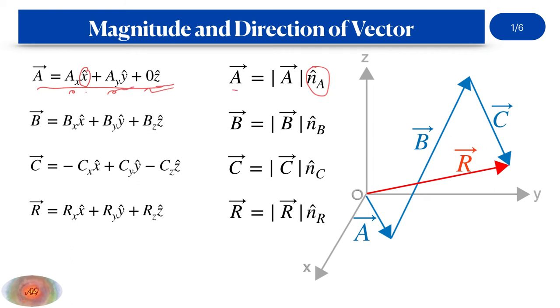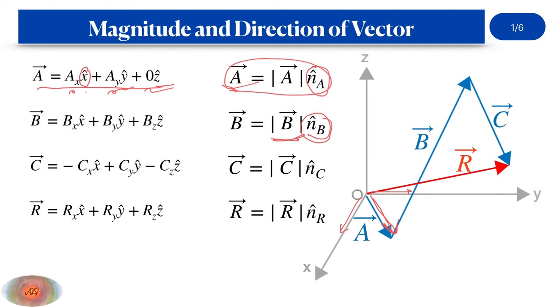On the other hand, in this type of notation where you write a vector in terms of its magnitude and an overall unit vector, this unit vector represents the direction of the vector a. This n cap a represents the direction along this vector. That means, as the original vector is shown, not along each of its components, it directly represents the direction of the vector itself.